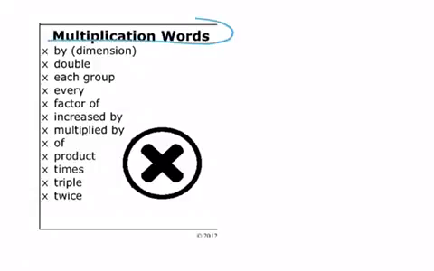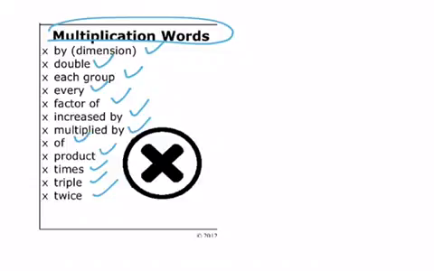Then multiplication words: by, like a dimension, 3 by 4. Double, each group, every, factor of, increased by, multiplied by, of, product, times, triple, twice. Now triple means 3 times something.